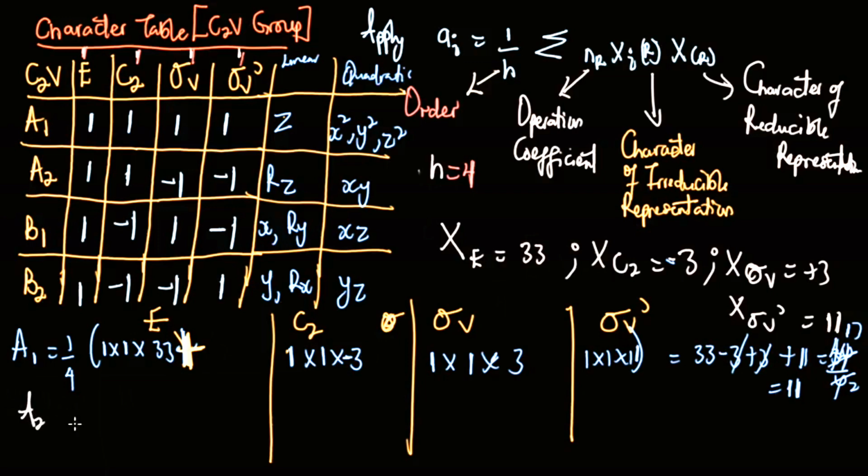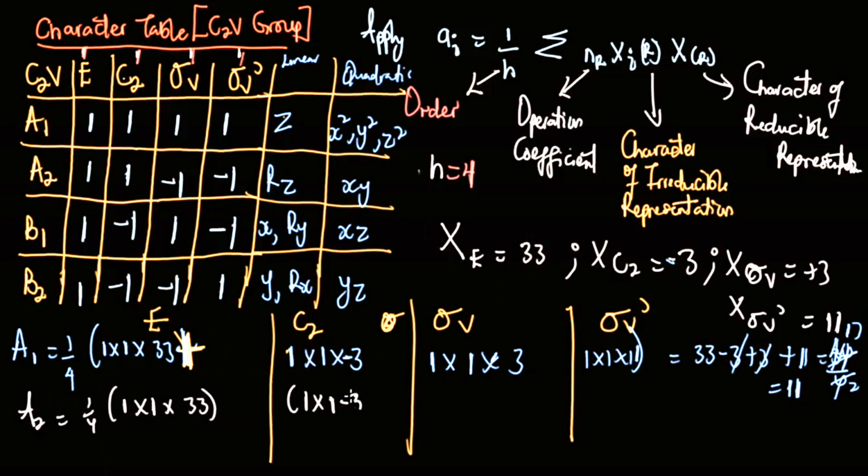So let's look at A2. A2 is going to be 1 over 4. So for E in A2, we have 1 times 1 times the reducible representation, 33. This one is also 1 times 1 times minus 3.